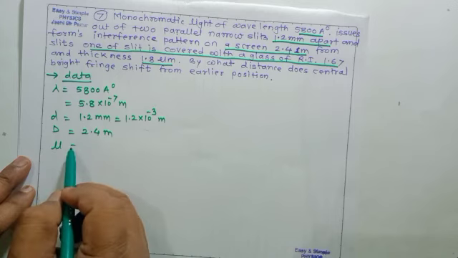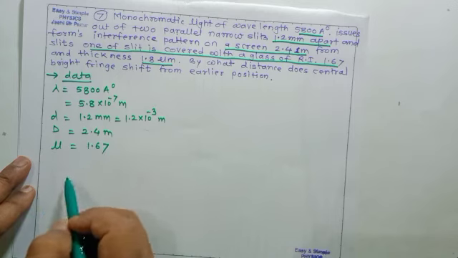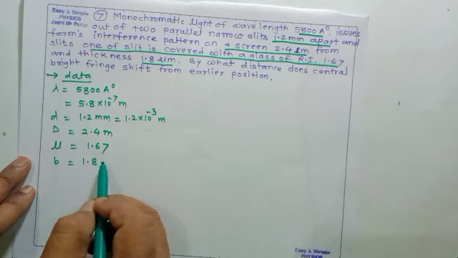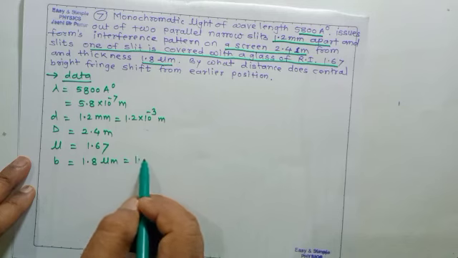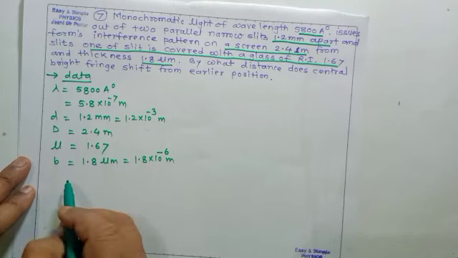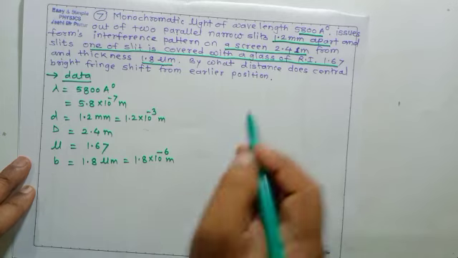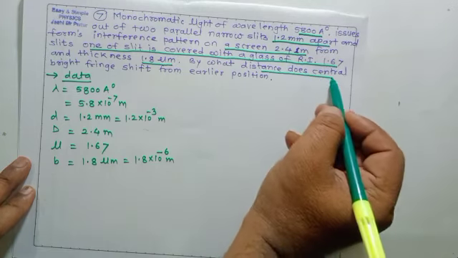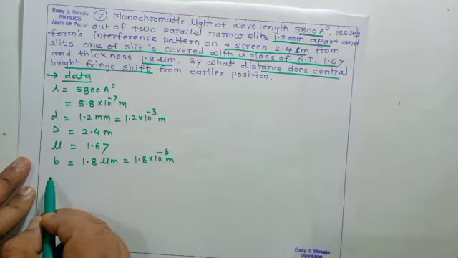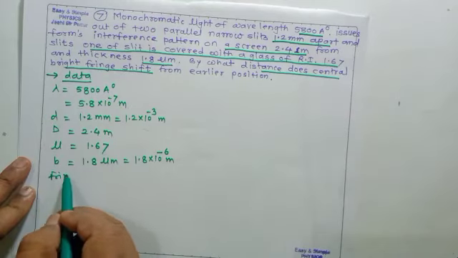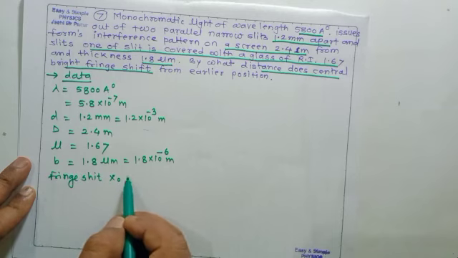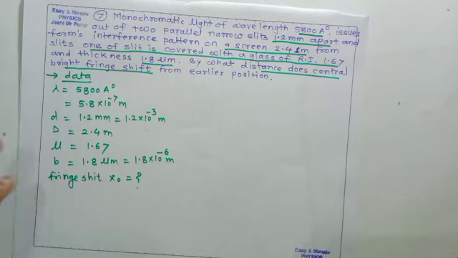Refractive index 1.67 and thickness 1.8 micrometer, which means 1.8 × 10^-6 meter. And we can find out the distance the central bright fringe shifts, which means fringe shift x0 is equal to question mark.